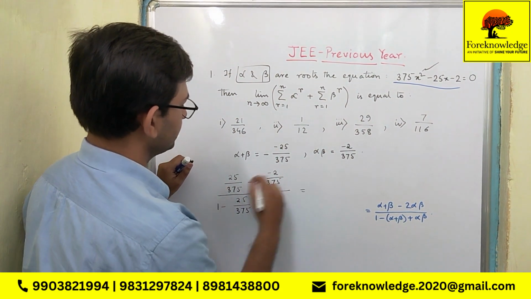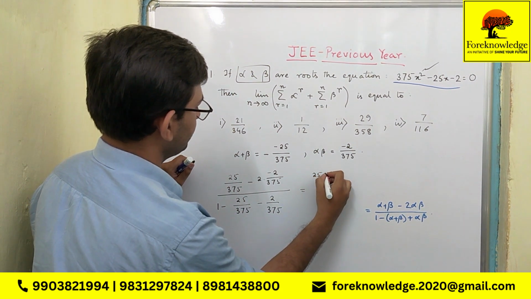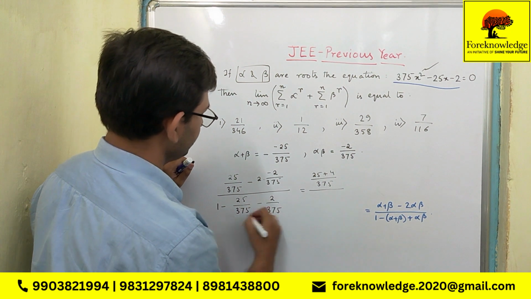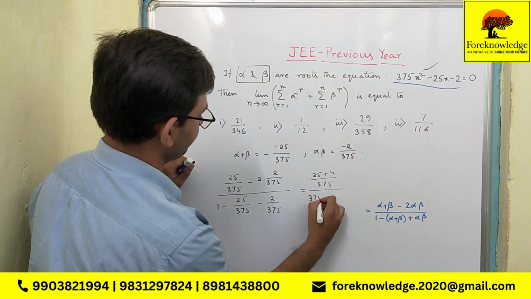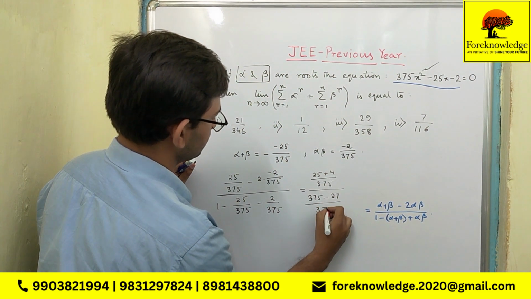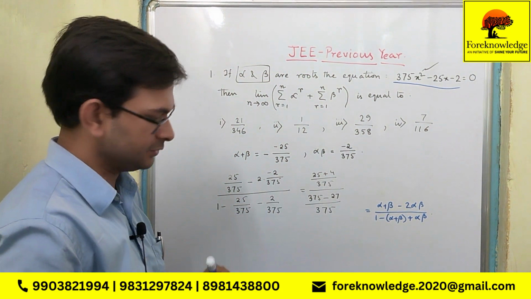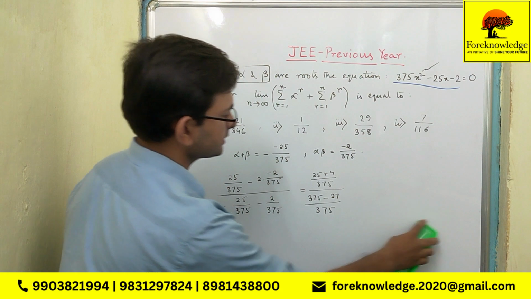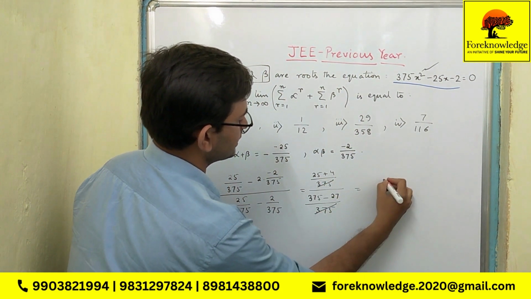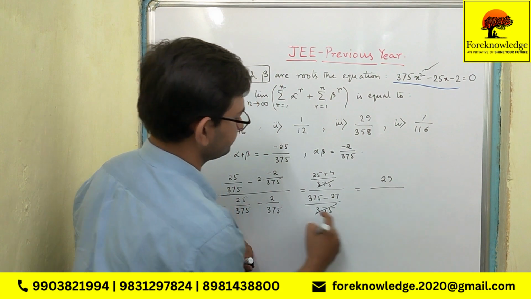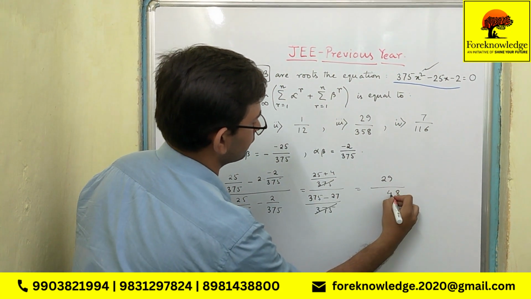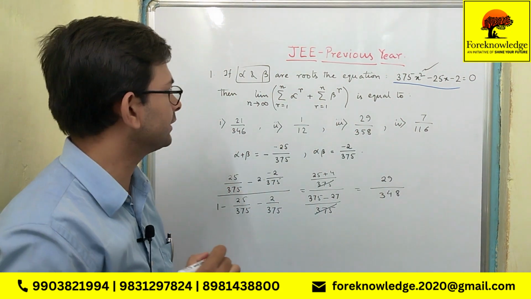If we calculate, the numerator is 25 plus 4 by 375, divided by 375 minus 27 by 375. Simple calculation. So the 375s will get cancelled, giving 29 by 348.